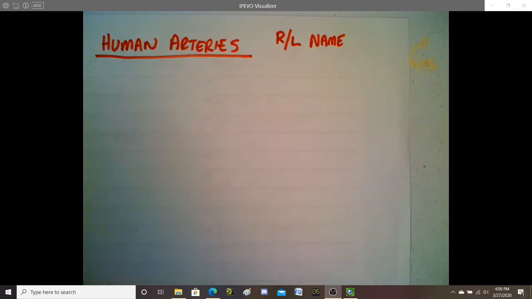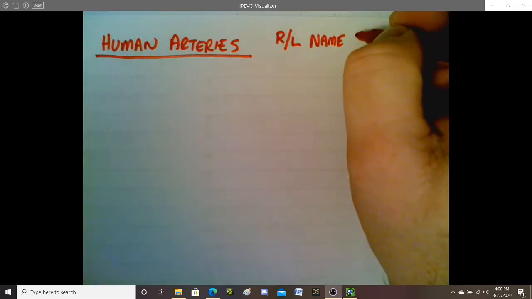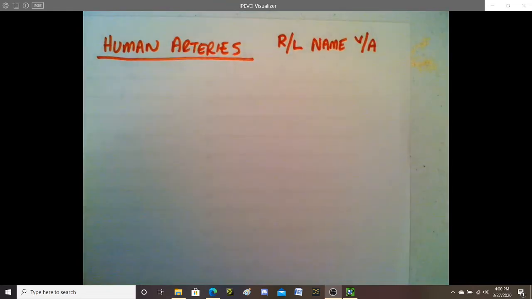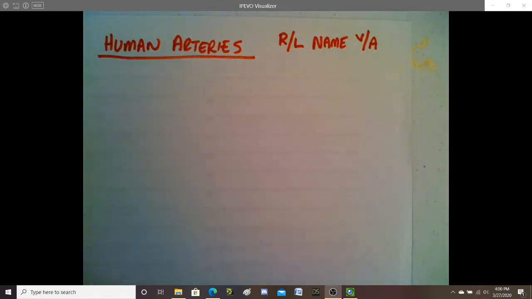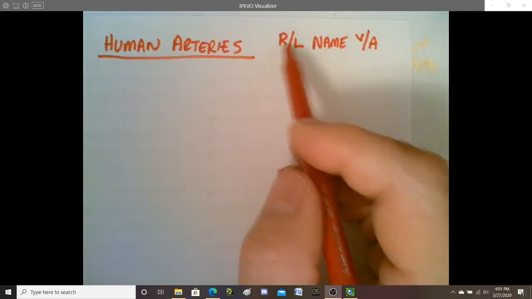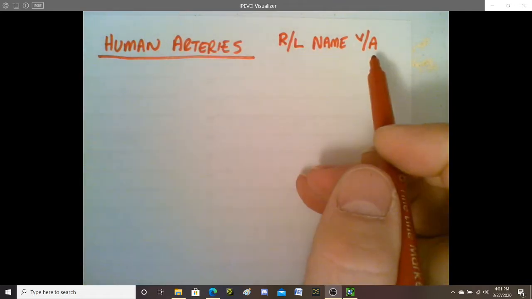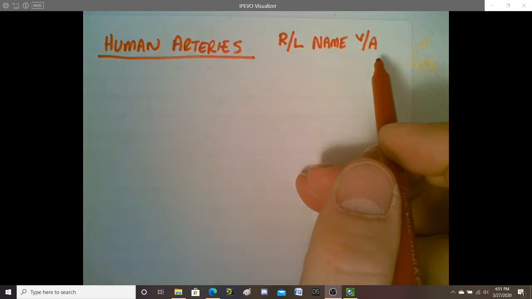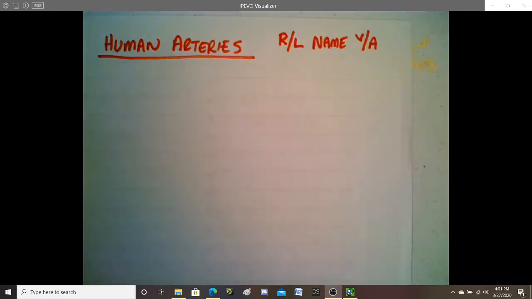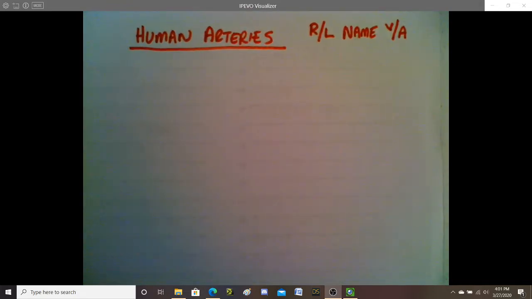And then you have to tell me if it's a vein or an artery. All right. So vein or artery. Now, I don't mind. You can abbreviate it just like that. So you can say R for right and L for left and V for vein and A for artery when you're taking the test. That's perfectly fine. In fact, I kind of prefer that because it makes things easier for you.